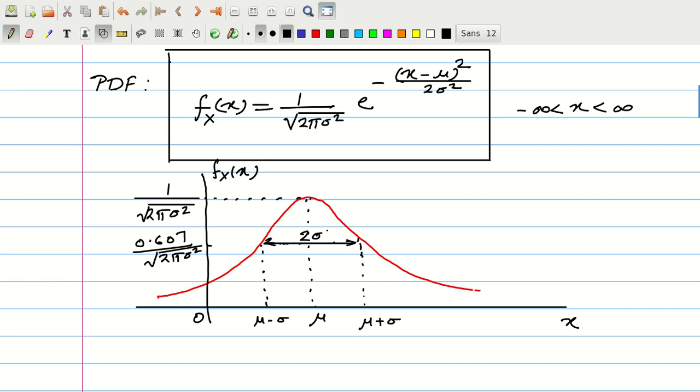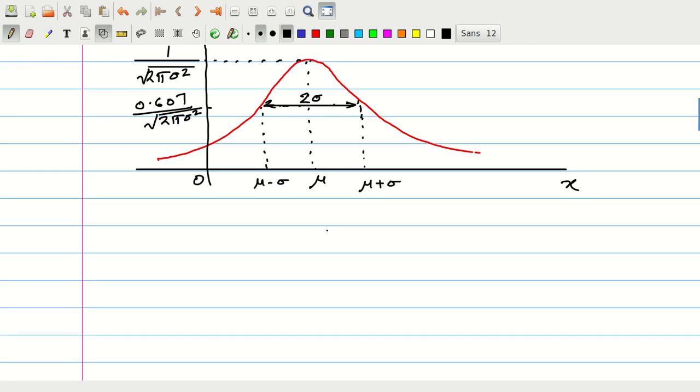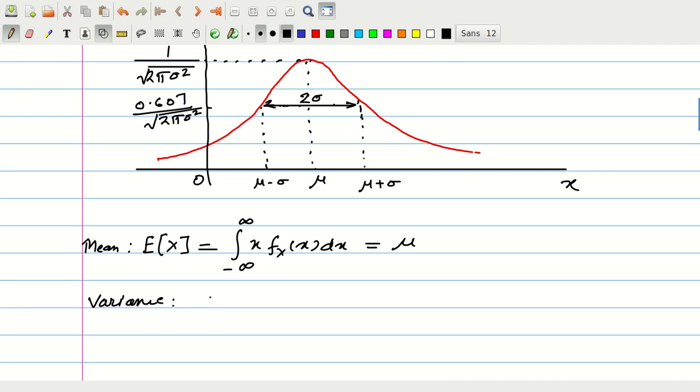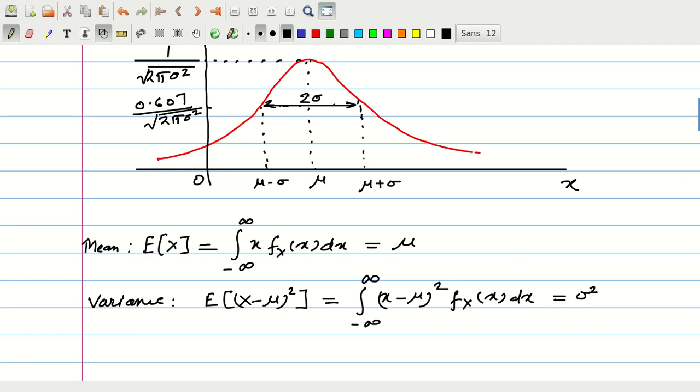It can be shown that the mean of the Gaussian PDF is indeed mu as per definition, that is the mean, expectation of x, which is defined as integration minus infinity to infinity x f_X(x) dx is indeed equal to mu, and the variance of x, which is given by expectation of x minus mu whole squared, which is integration minus infinity to plus infinity x minus mu whole squared f_X(x) dx, and that is equal to sigma squared.